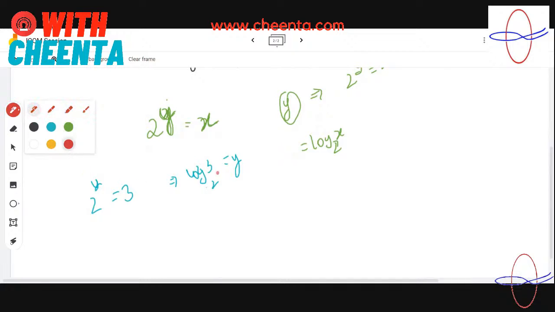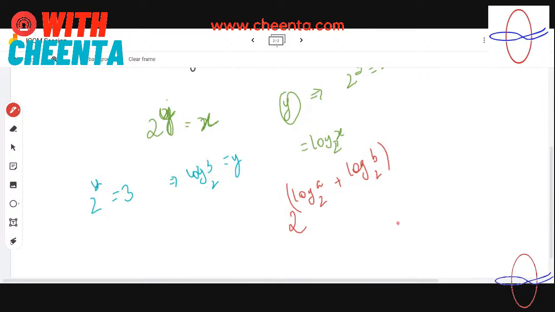Now understand very carefully. Let's take log a base 2 plus log b base 2. What do you know about this?